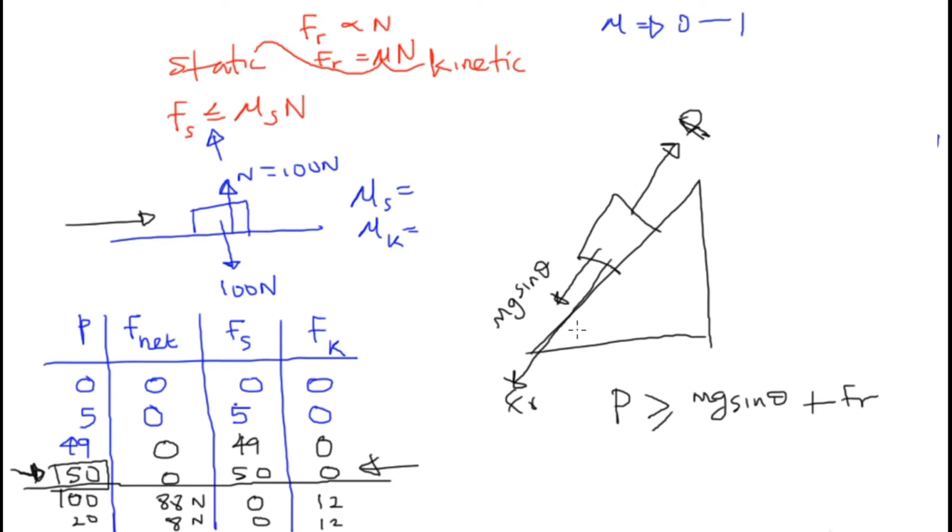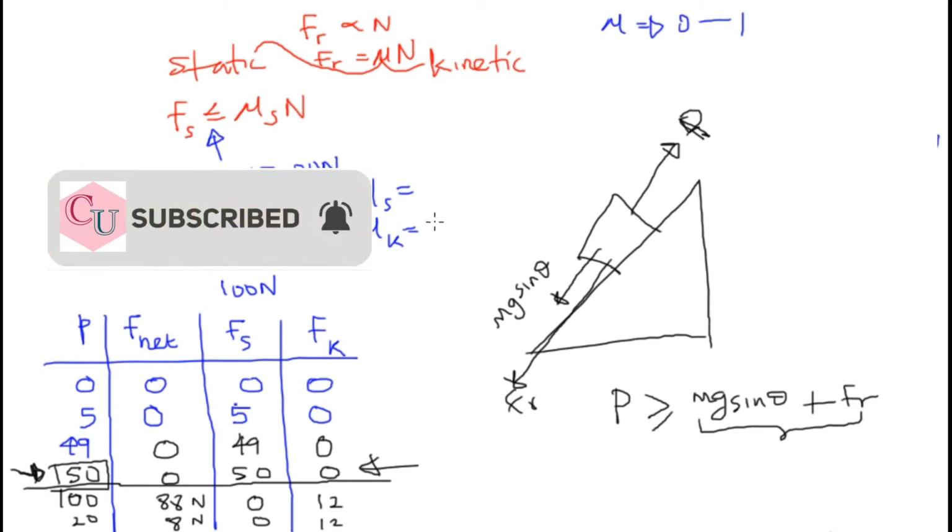If P is greater than the addition of these two forces, it will be able to take the object upwards. At the point where P is equal to the sum of these two, that is the minimum value of P with which it will take the object up the inclined plane, because they are in opposite directions.